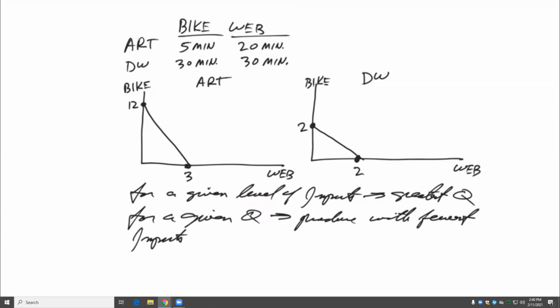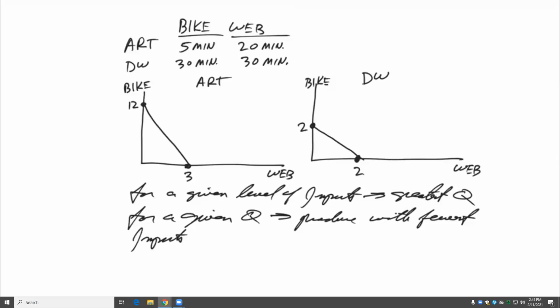If you can produce more per hour than someone else, then it stands to reason that if you produce the same quantity, you're going to be able to do it with fewer inputs. So if Arthur and DW are both producing, let's say, 2 bike repairs, Arthur's going to be able to do it in less time than DW. For any given level of output, he can do it in less time or with fewer inputs.